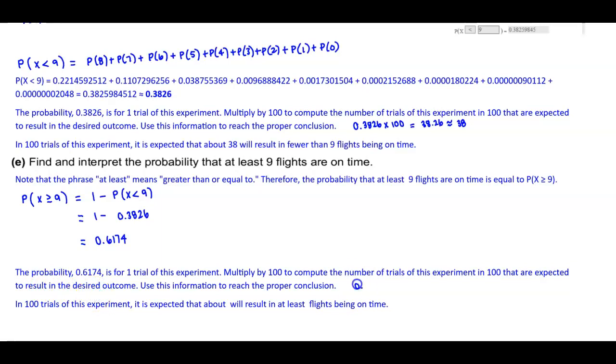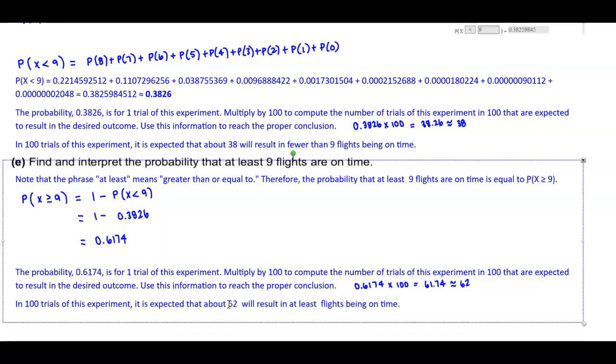So we take 0.6174 and multiply by 100 to get 61.74, which rounds to 62. So it is expected that about 62 will result in at least 9 flights being on time.